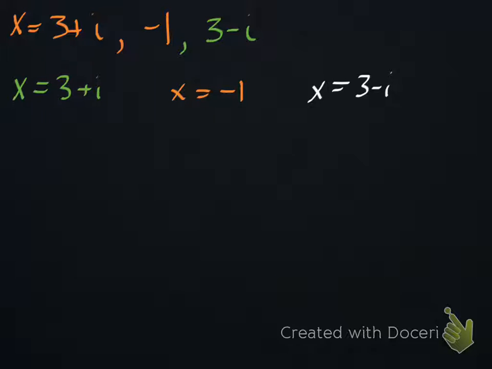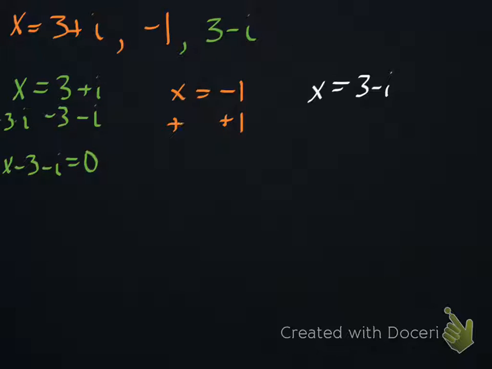These are a little bit more complicated to multiply together, but just use the boxes. So we're going to have f of x is equal to, oops, I haven't got it equal to 0, have I? So if I need to get this equal to 0, doing the first one first, I need to subtract 3 and subtract i from both sides. So x minus 3 minus i equals 0.